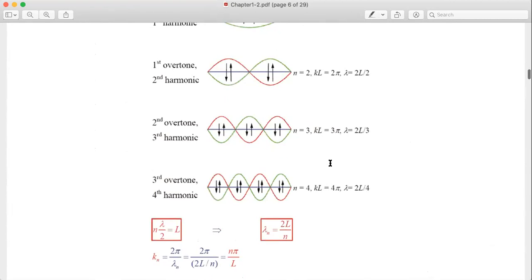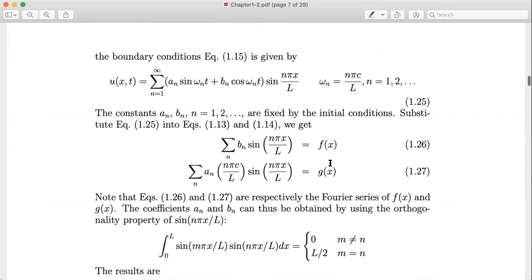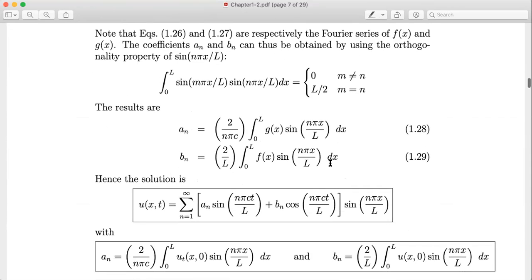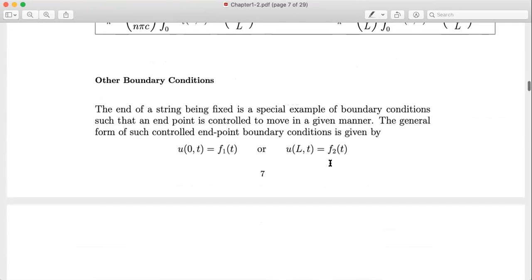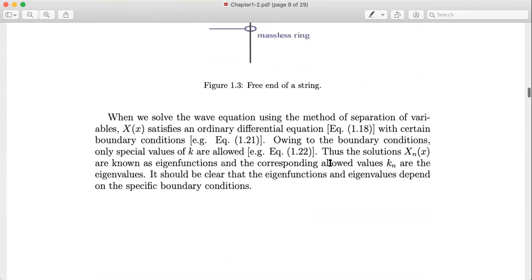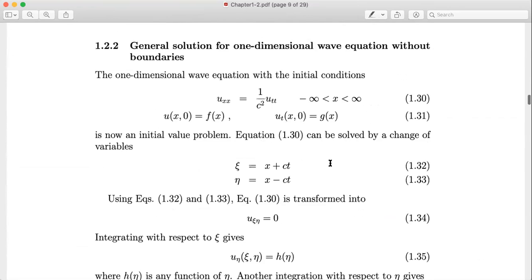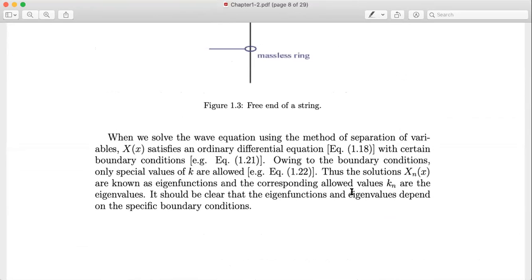So you should also understand that for other boundary conditions, the structure of the solution will remain the same as before, meaning it will be a linear combination of all these normal modes of vibration, but the special form of the normal mode, particularly the spatial dependence, will be different. Precisely, the solutions X_n before, which are the eigenfunctions of the corresponding boundary value problem, can be different depending on the boundary condition, and particularly the allowed wave number and also the corresponding angular frequency will also depend on the boundary condition. Okay, so that should be clear.